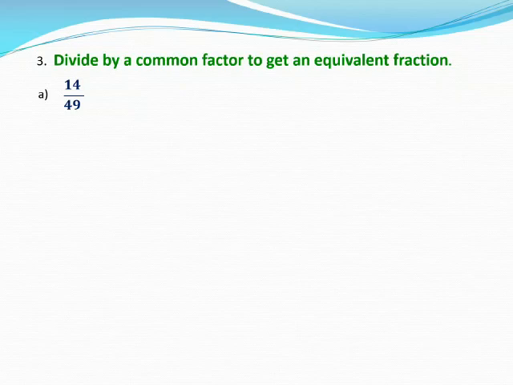Next factor for 14 is 7. 7 is a factor of 14. Now check 7 is a factor of 49 also. Yes. So we can choose 7 as a common factor and divide numerator and denominator. So when we divide numerator and denominator by 7, the answer is 2 by 7.